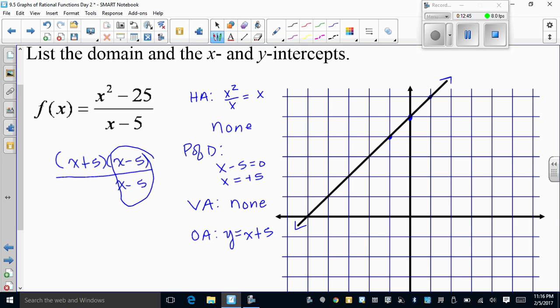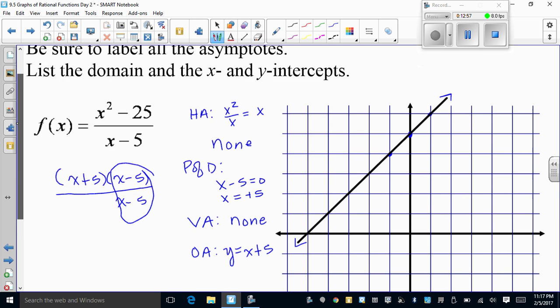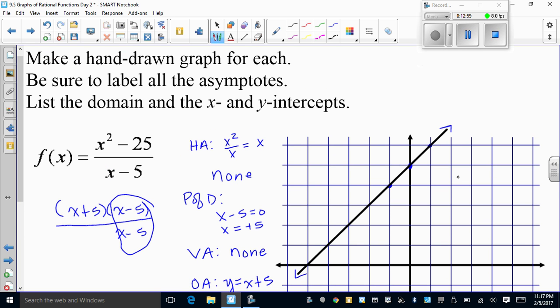Honestly, if you were graphing this on paper for like a homework problem, I would expect to see that hole in the graph. But since that will go quite a ways off my graph, let's see, can I make it 1, 2, 3, 4, 5, and this is 6, 7, 8, 9.